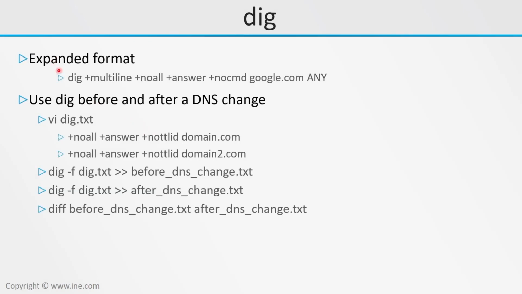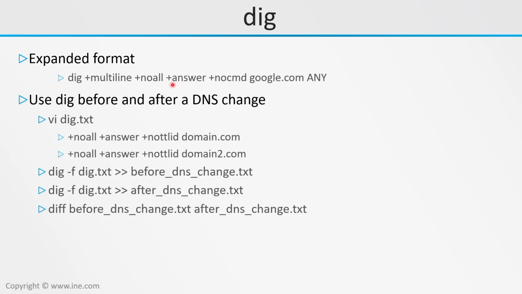Okay, and let's look at a couple more examples of dig. So we looked a little bit about the expanded format using the multi-line flag. This works well for instances where you're displaying a lot of records and maybe particularly the whole zone. You might want to do the multi-line. And the no all basically clears all the display flags, and then we're specifically looking for the answer section after that.